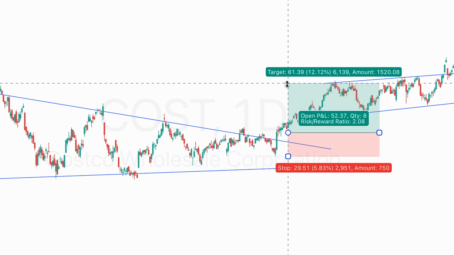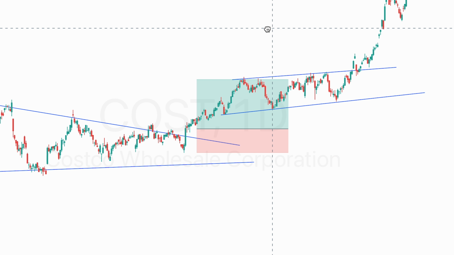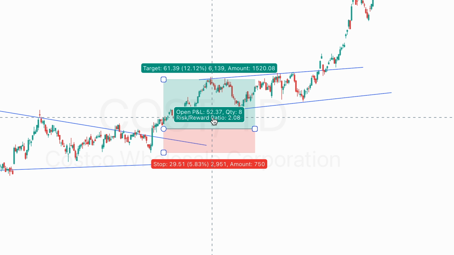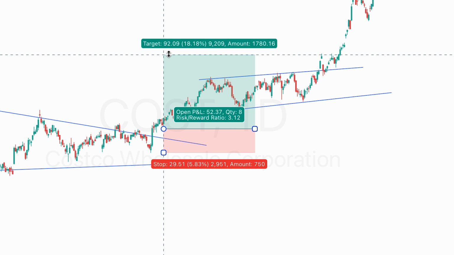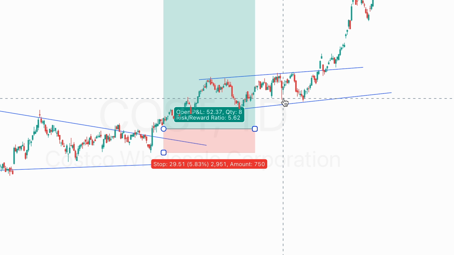When we take 1:2, that means even when we have losing trades, in the long term we will always be profitable. Here we can clearly see that it went more than 1:2. It went at least 1:5. But 1:2 is our minimum target profit. We can take even more if you have the risk appetite.